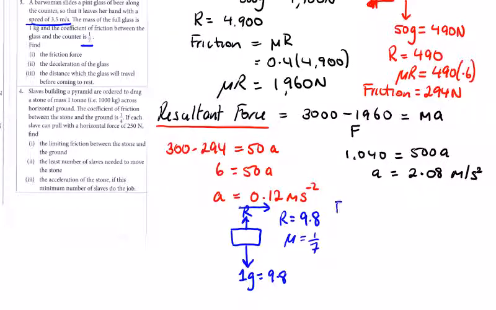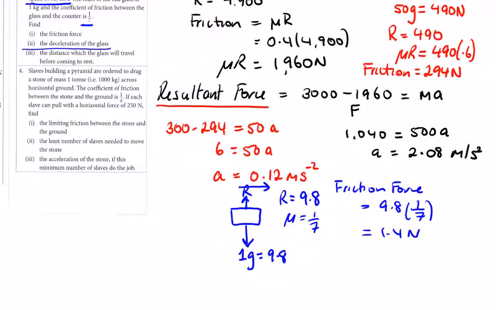So my friction force is equal to 9.8 by 1/7, and 9.8 divided by 7 is 1.4 newtons. Then we're asked for the deceleration of the glass, slowing down. So let's put in our other forces. We have mu R going this way, which is 1.4.